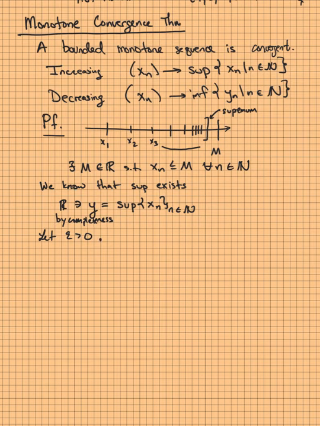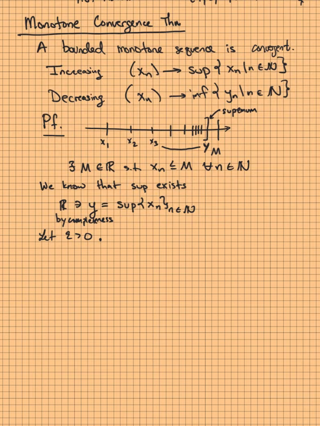What do we know about this? Well, we've already seen when we worked with supremums, so here's the supremum y in my picture, that we can find elements of the set xn which are arbitrarily close to our supremum.